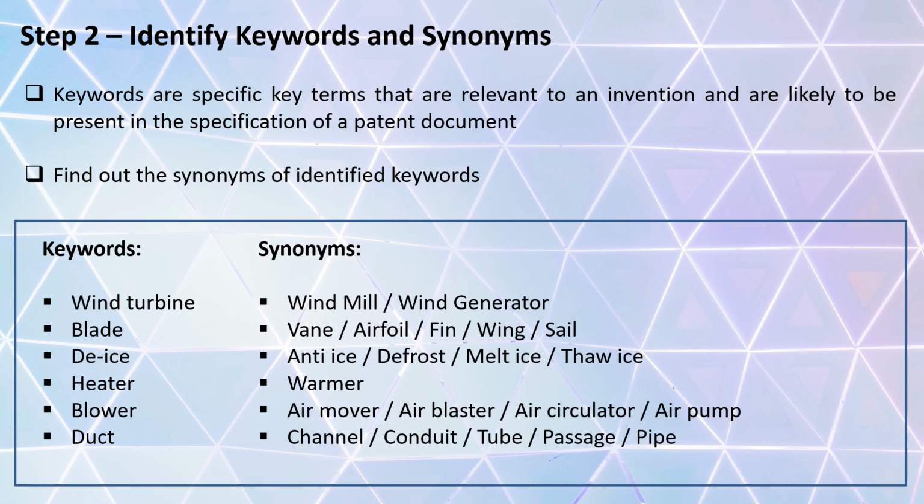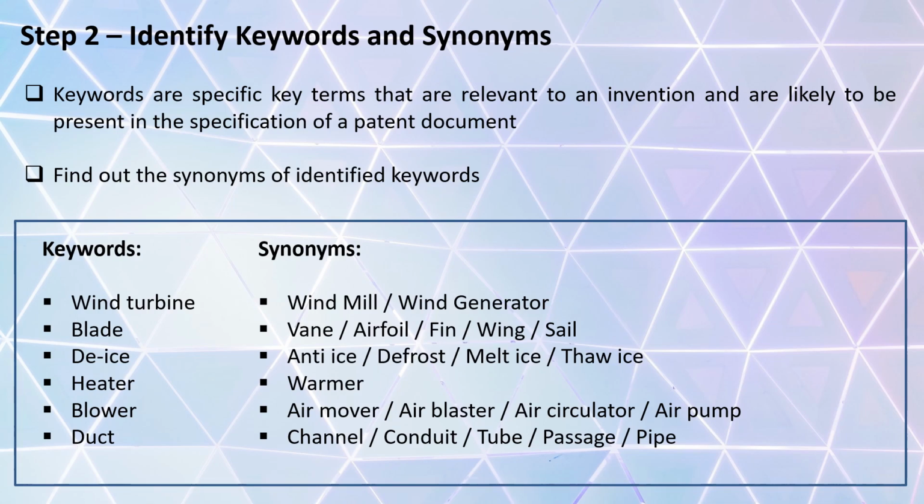Heater, synonym is warmer. Blower, synonyms are air mover, air blaster, air circulator, air pump. And synonyms for duct are channel, conduit, tube, passage, pipe. So these are some of the synonyms of the keywords. There might be others also, so I have just taken a few for the purpose of explaining.